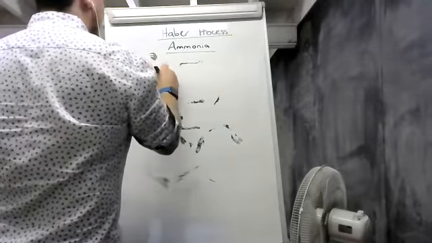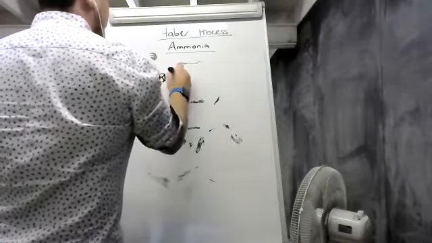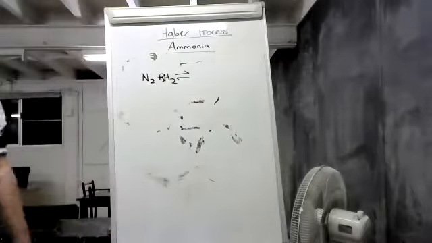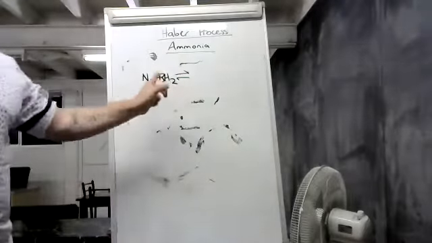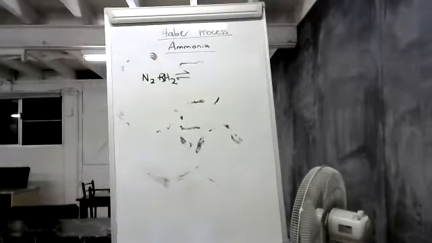So ammonia is N2 plus 3H2, and this tells us the reaction is happening in the forwards direction and the reverse direction at the same rate.